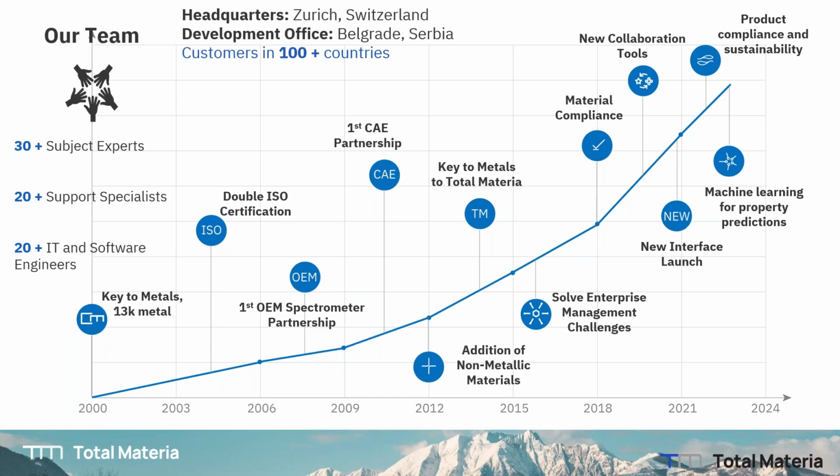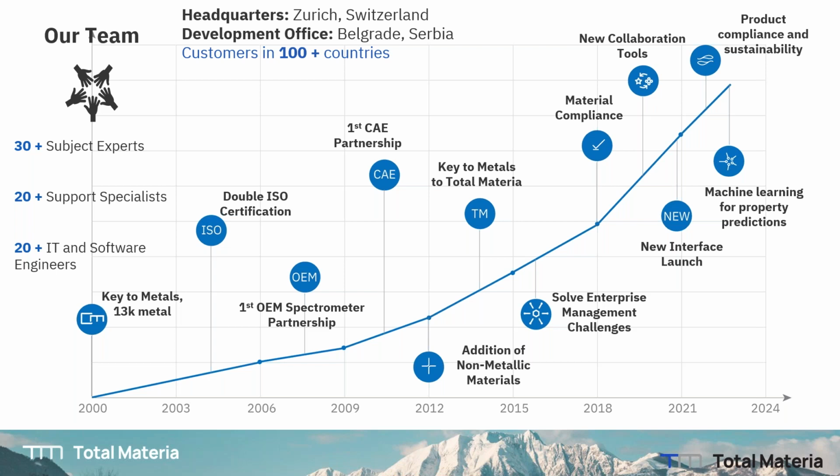We have more than 30 subject experts, specialists, and IT software engineers, who are constantly developing and adding new modules and functionalities. This year we added Green Line, where you can see not only whether your material is compliant or not, but also your carbon footprint, and an AI module, which is a predictor.